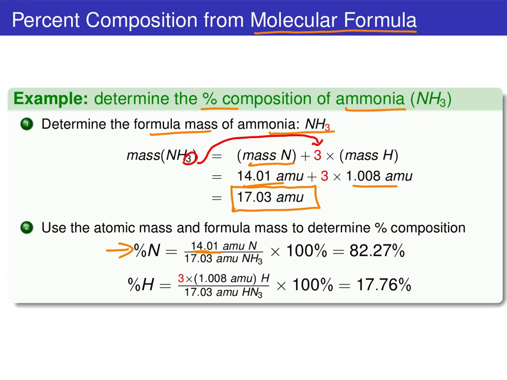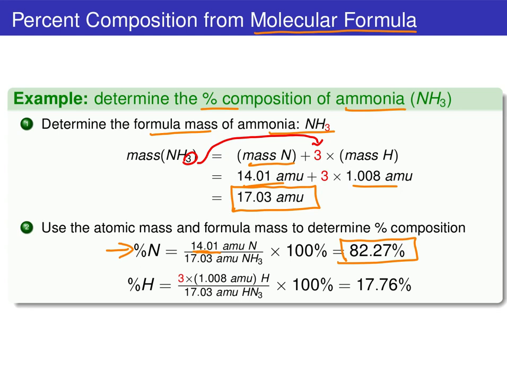We're going to divide it by the total mass of the ammonia molecule, and we will arrive then at our final answer of just under 83%, 82.27%.